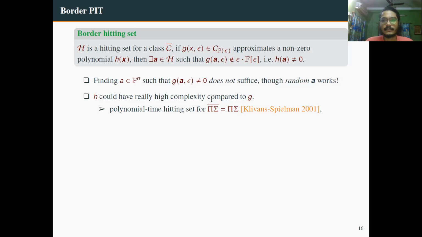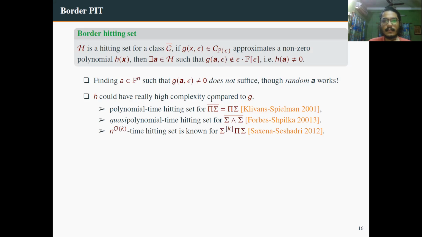But what are the known results in border PIT? We know depth 2 PIT, because pi sigma bar is pi sigma. We also know diagonal depth 3 PIT, even in the border class. Now, Saxena proved an n to the order k or polynomial size hitting set for sigma pi sigma when top fan-in is constant, but unfortunately it does not work in the border class, as I said, due to the high complexity difference.